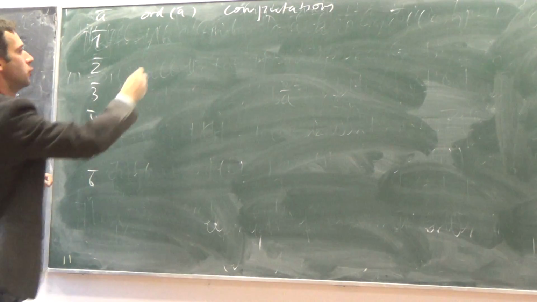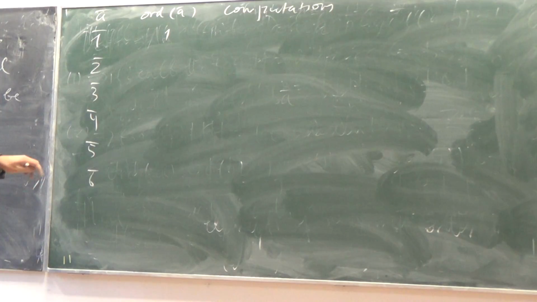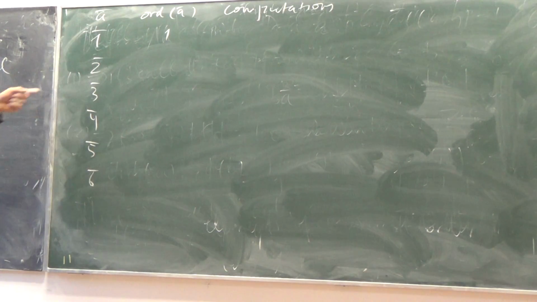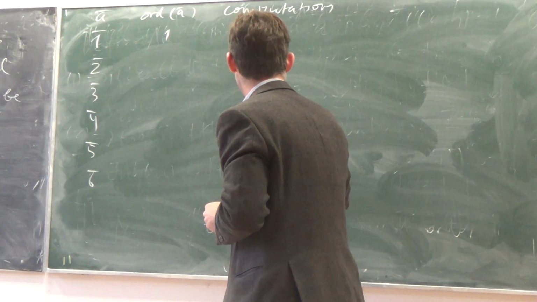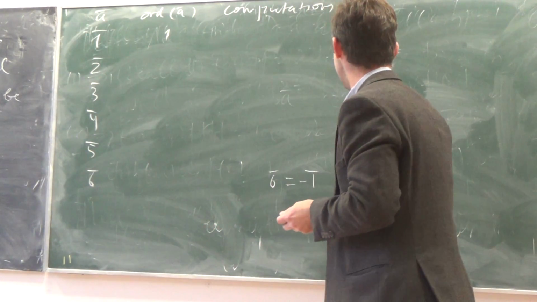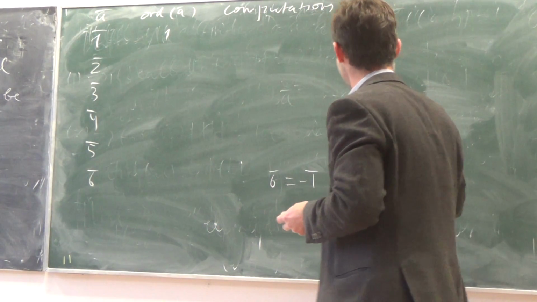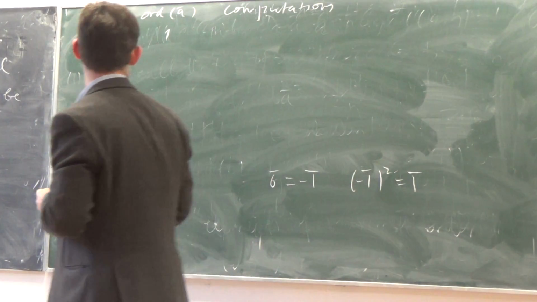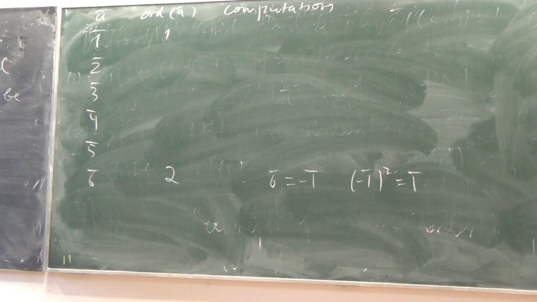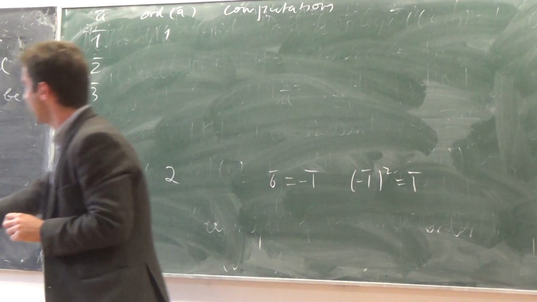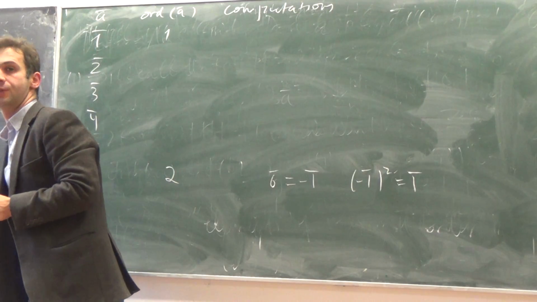Okay, the order of 1 is 1. We can also try to look at simplest elements first. So 6 is minus 1. If I square it, I get a 1. That's order 2. Minus 1 has order 2. Now there are these other guys, mod 7. I need only to be checking these powers.